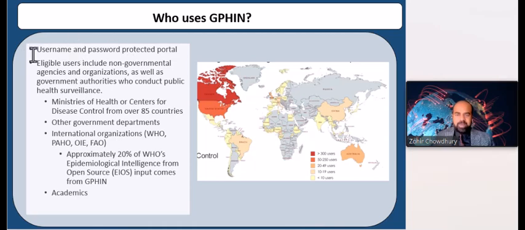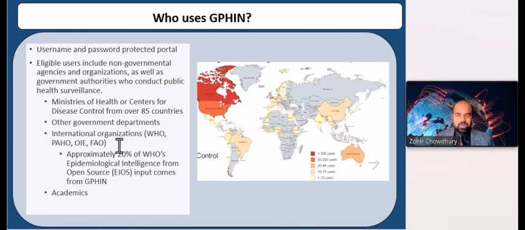It is protected by a username and password in this portal, and eligible users include non-governmental agencies and organizations, as well as government authorities who conduct public health surveillance. Under them, some ministries of health or health centers from 85 countries are represented. In the same list, you have other government departments beside health departments.